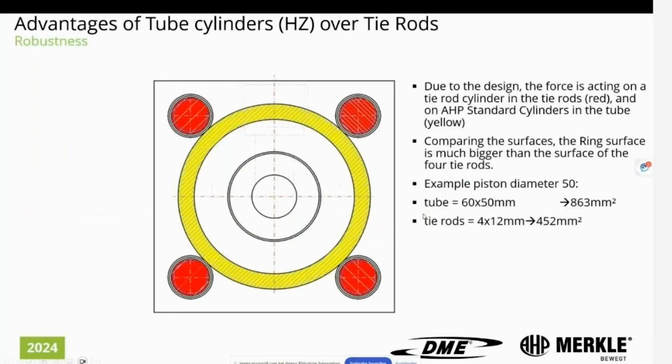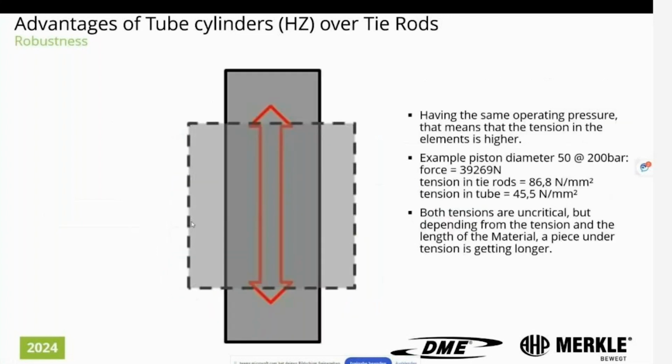So this is the difference that you can see, where we have here only the tie rods, and the difference between having a 6 or 8 millimeter thick tube with a screw working between two caps. So what happens here, this is an example that when we have the tie rods, there is a tension.